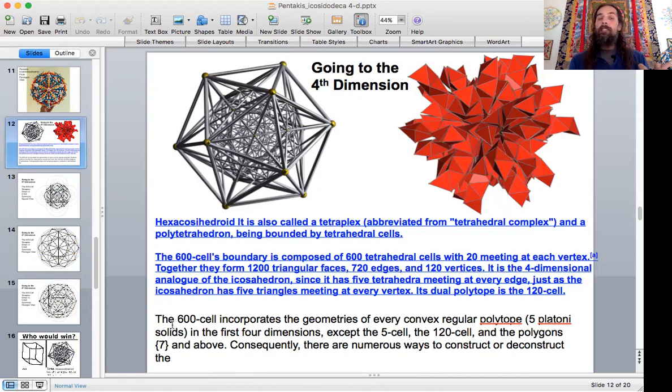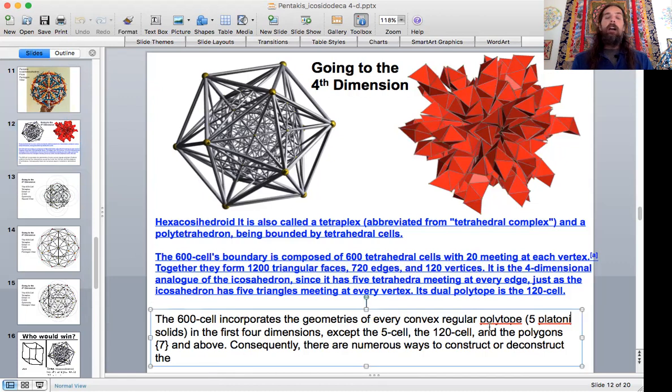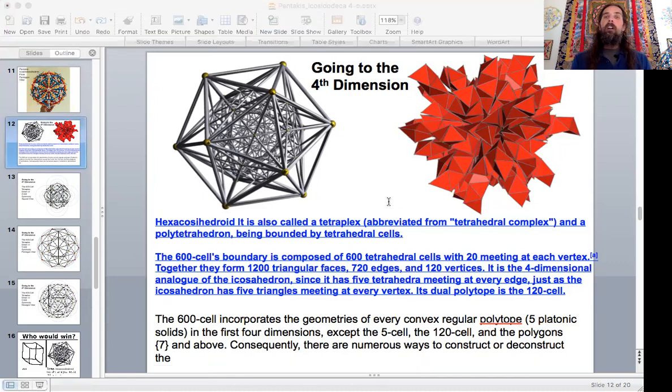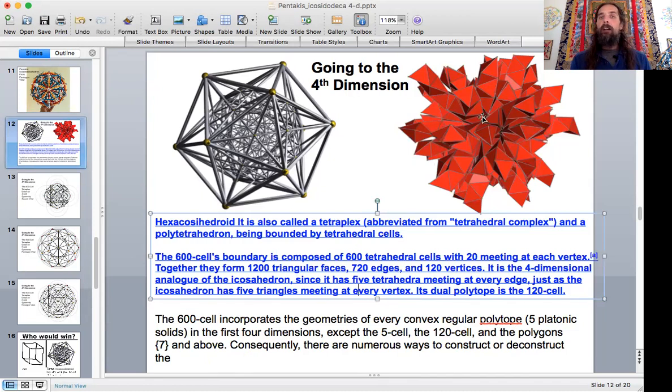It also contains every regular polytope of all 5 platonic solids, so all the 5 platonic solids are within this fourth dimensional icosahedron, which is just awesome. It also contains all the polygons of 7 and above within the drawing. The only thing it doesn't include within the fourth dimension is the 5 cell.